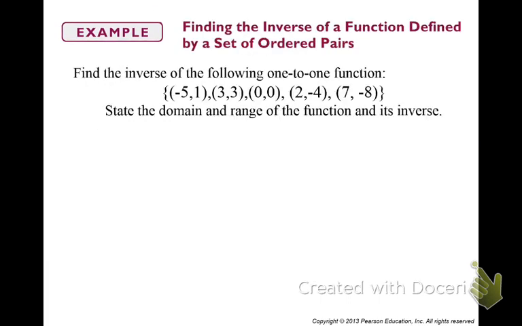Okay. So let's find the inverse of this set of ordered pairs. Negative 5, 1 would be what? Oops, that's not right. The 3, 3 would become what?